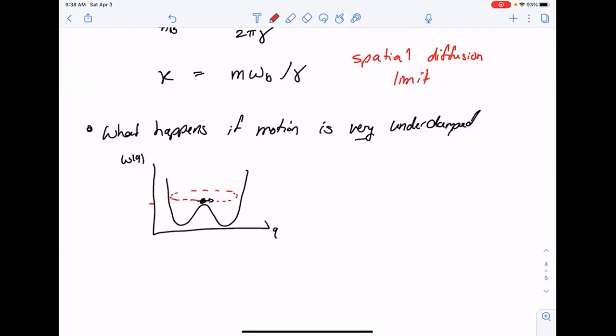In the limit that it's coupled weakly to the bath, it might undergo that orbit and only very eventually lose enough energy to fall down the hole, fall down the well.